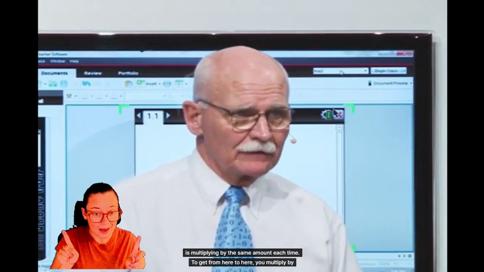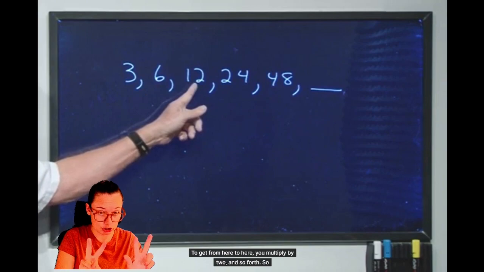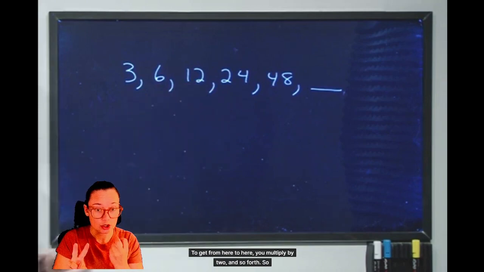What we are doing is multiplying by the same amount each time. To get from here to here, you multiply by 2. To get from here to here, you multiply by 2, and so forth. So guess what kind of function this is? Exponential, that's right. This is an example of exponential growth.